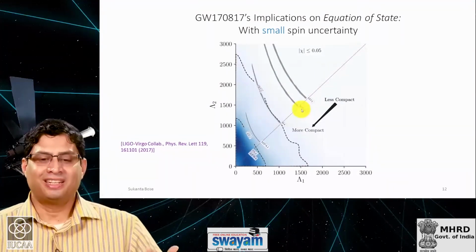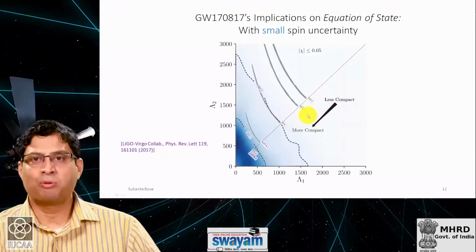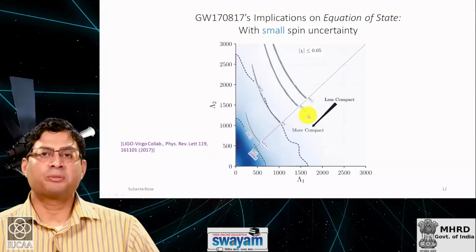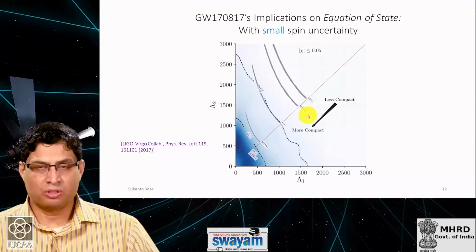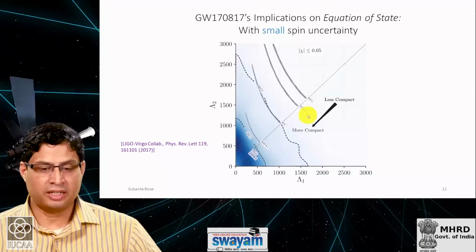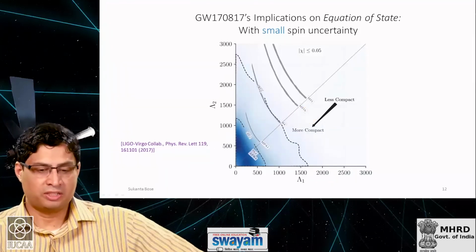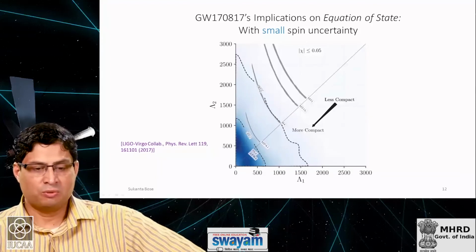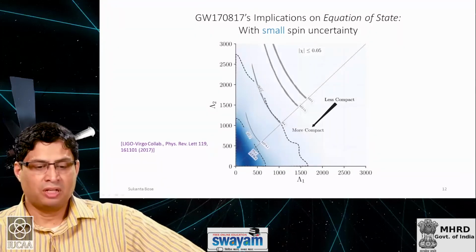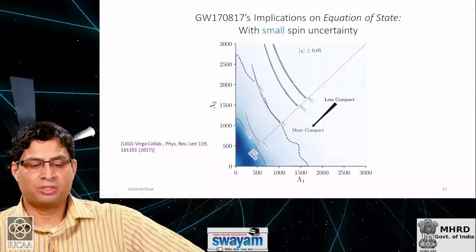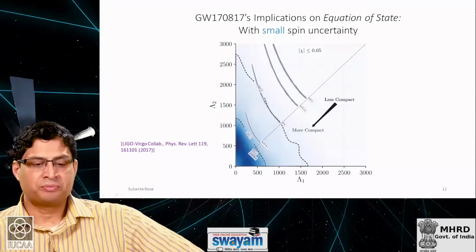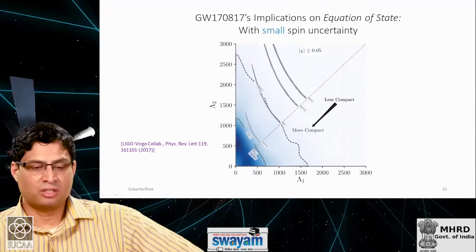It's great that there were physicists like Mueller and Serre who proposed these equations of state, and now with observations we are able to test whether those hypotheses are correct or not correct, or borne out in nature or not. Okay, H4 is another one which is on the borderline in this plot. SLY, APR4 are equations of state which are softer, and they seem to be more consistent with this data.